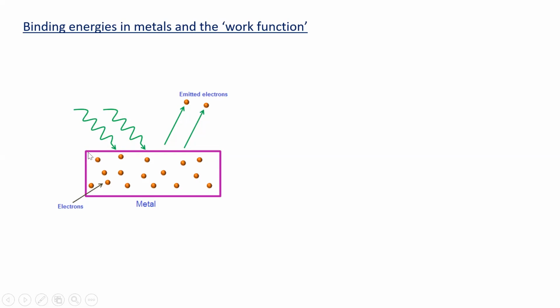In our modern theory, we understand that electrons are energetically bound inside of the metal by different amounts. Some electrons take a little bit of energy to get out of the metal. Other electrons take more energy to get out of the metal. That's measured by a binding energy, E sub B for E binding, which would apply to each and every electron. So this would be highly bound, this would be less bound, this would be less bound, and so forth.